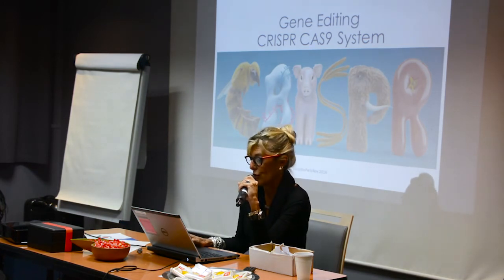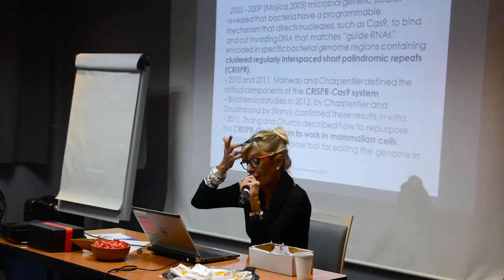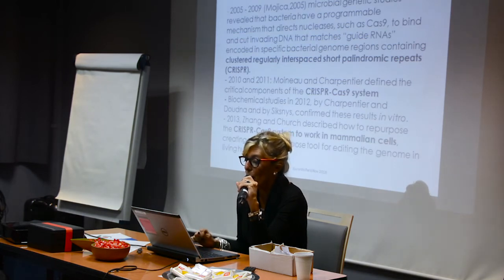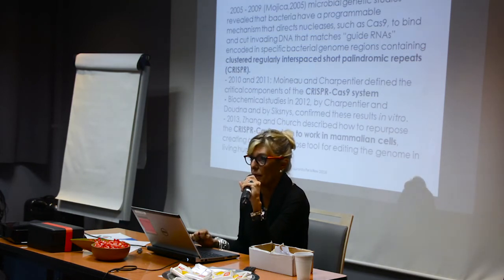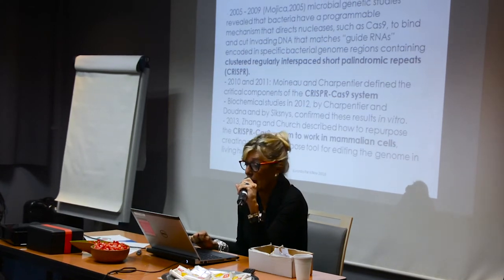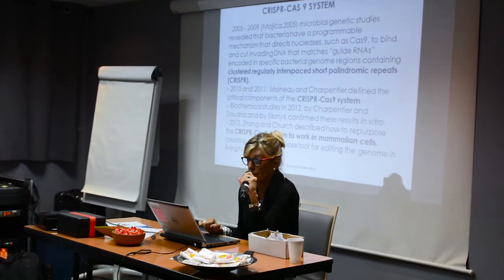Let me briefly mention that, in fact, this technique, and this has already been said by the previous speakers, was put in place in the early 2000s. In fact, it was a Spanish scientist who described that for the first time as a mechanism that bacteria had to try to protect themselves from viral infections.